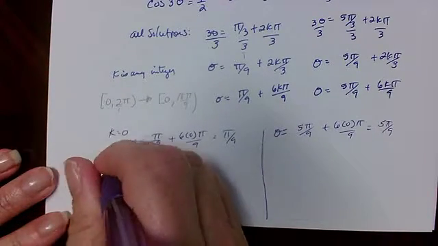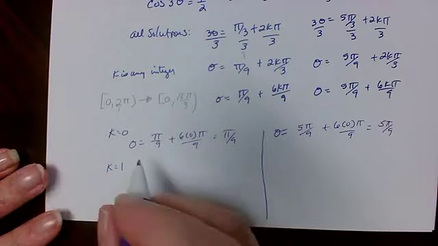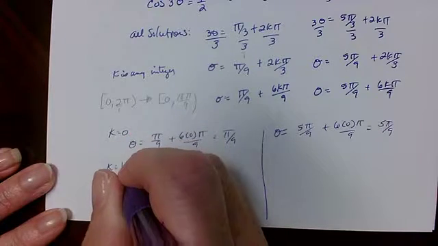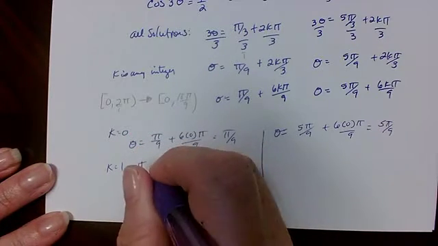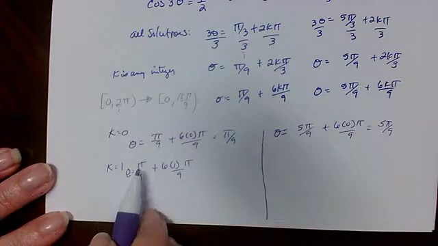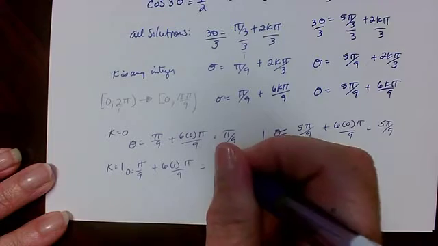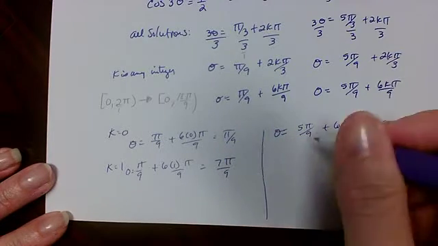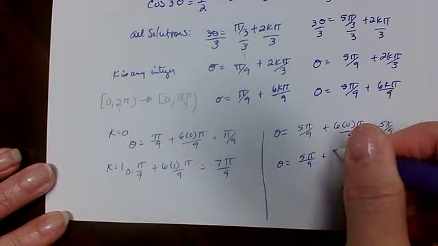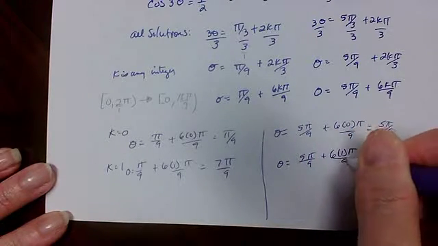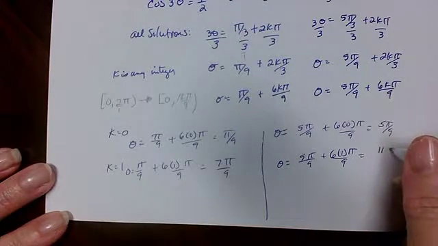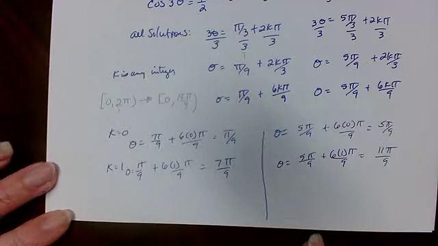Now we're looking at k is equal to 1. So again, this is our theta equals pi over 9 plus 6 times 1 pi over 9. So 1 plus 6 is going to get us 7 pi over 9. Over here, we're going to get theta is equal to 5 pi over 9 plus 6 times 1 pi over 9. So 5 plus 6 will get us 11 pi over 9.